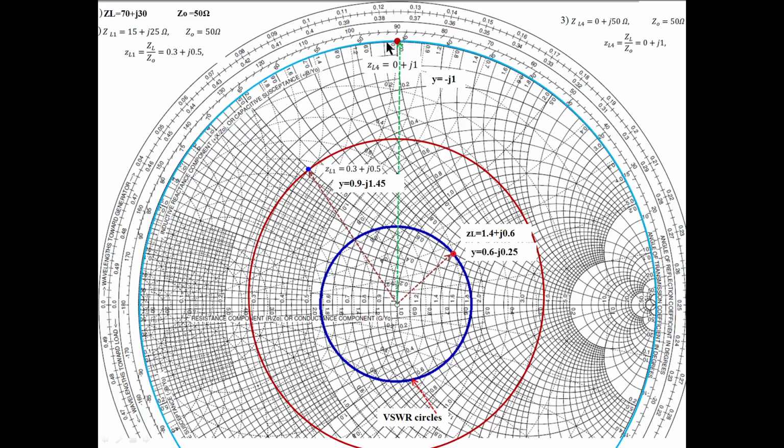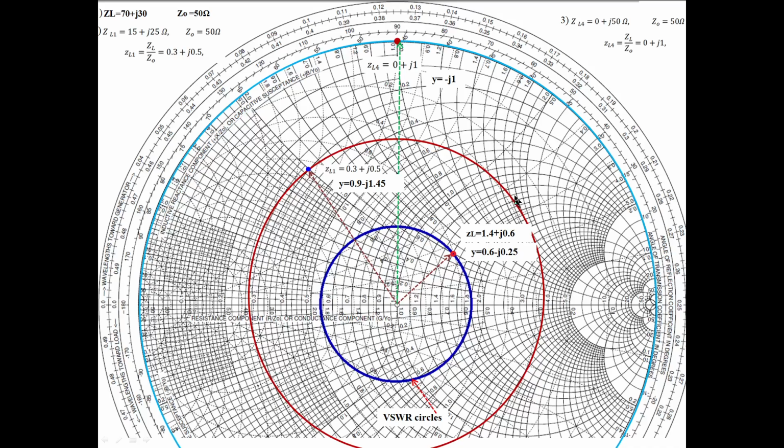It always coincides with the R is equal to 0 circle. See like this, for reactive loads, only reactive, there is no resistance part. For those cases, whether it is a negative or a positive value of the reactance, the VSWR circle is this one. The outermost circle coincides with the R is equal to 0 circle. So for any given load we have to draw the VSWR circle like this.